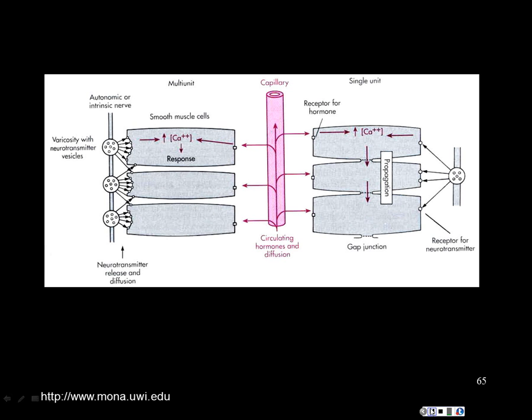What else? What else can you see about single unit cells? Can the autonomic nervous system control them? Looking at your handout, you got your notes?